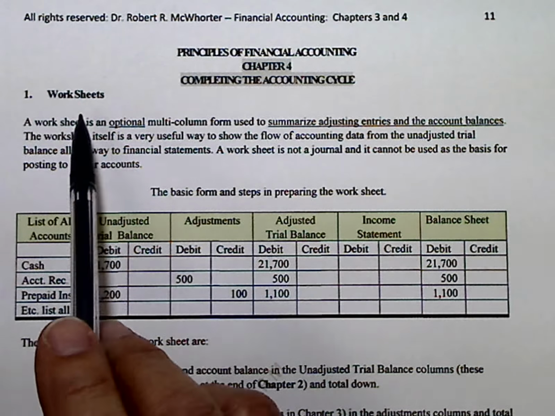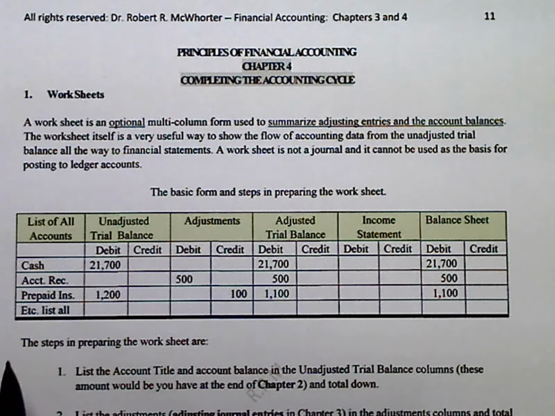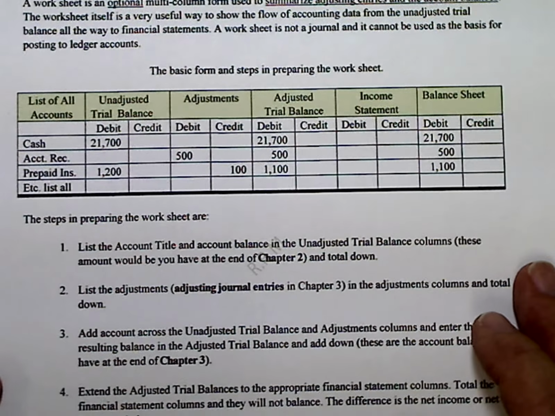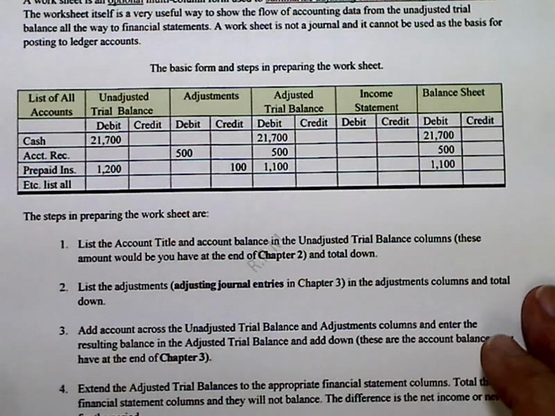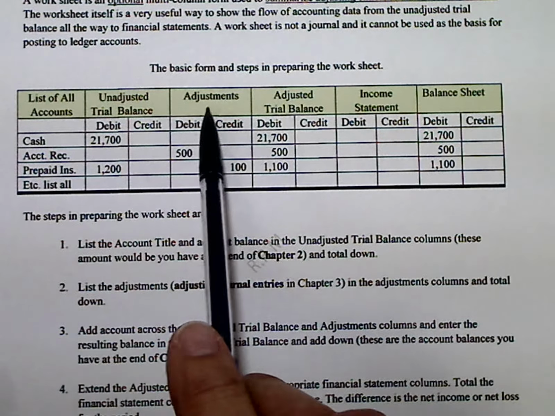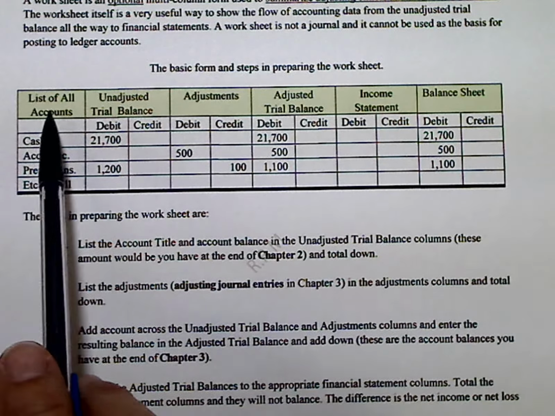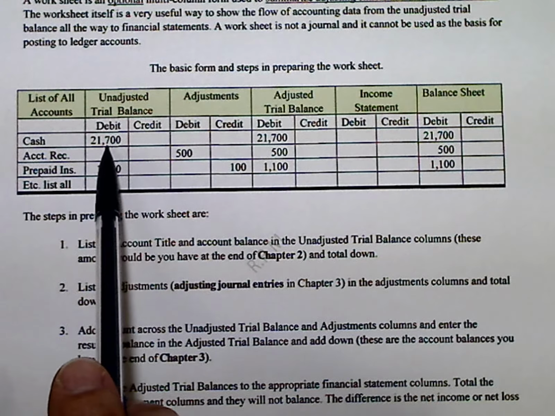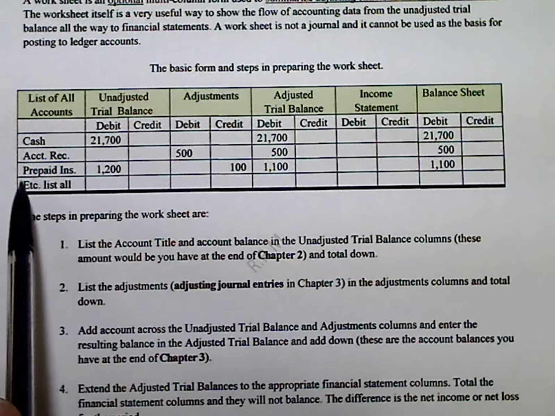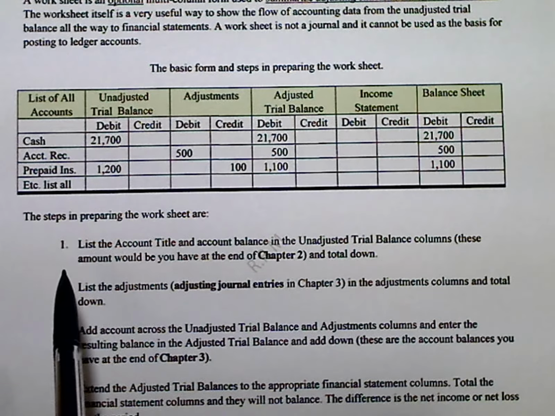What we start out with is worksheets. Now, worksheets aren't used as much as they used to be because now we have computers on just about everything. But back in the good old days, we looked at a worksheet with these labels listing the accounts, unadjusted trial balance. You recognize both of these numbers. I'm showing you just the top portion of it.